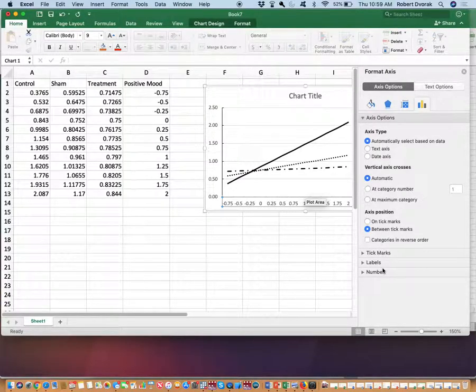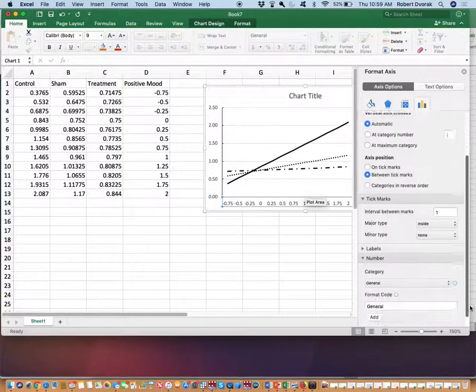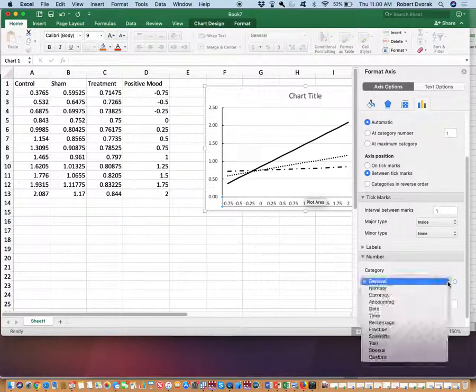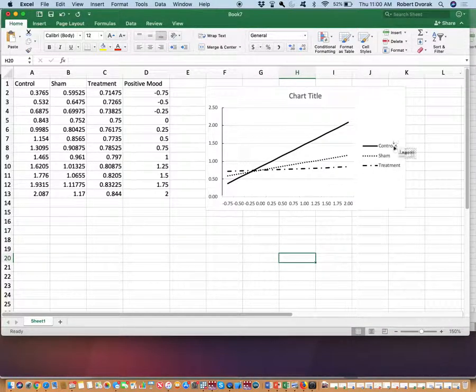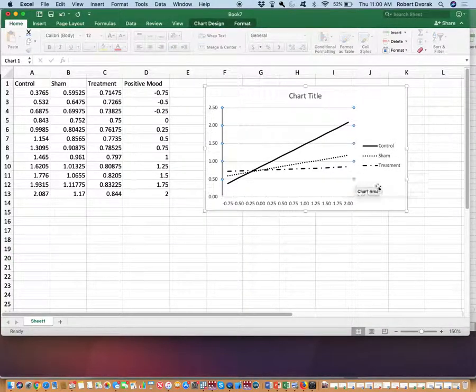Yeah? There we go. Tick marks. This should be number, and it should be 2. There we go. Why isn't that line darker? Anybody know? It doesn't matter. I'm not a huge fan of these.